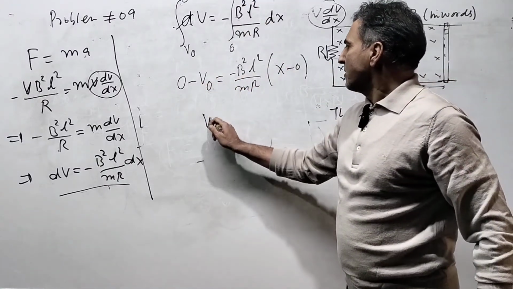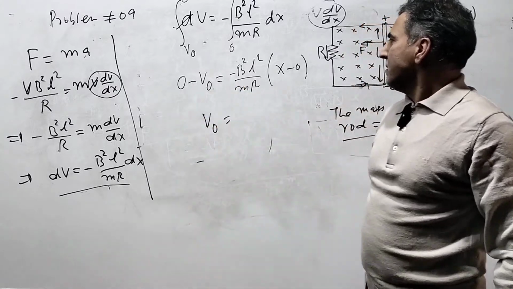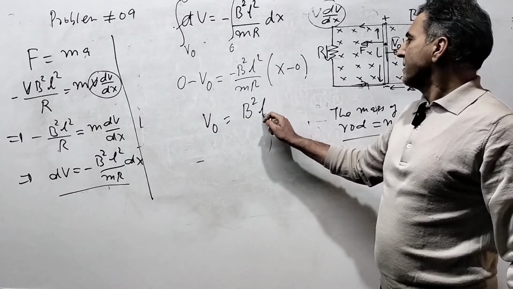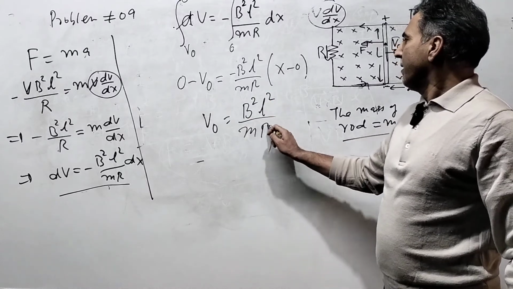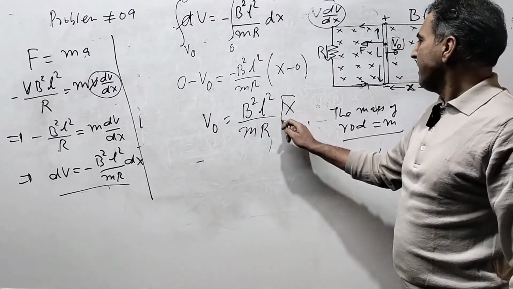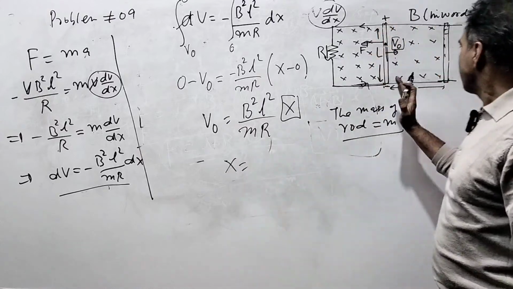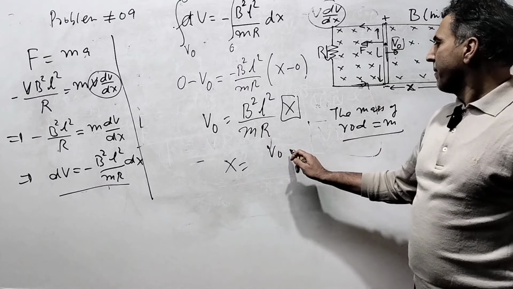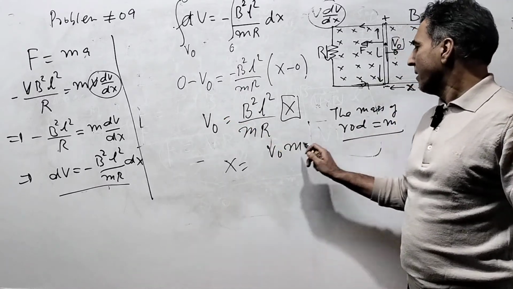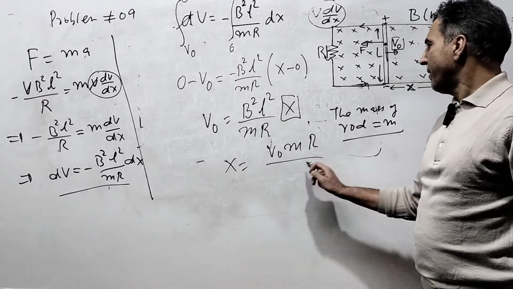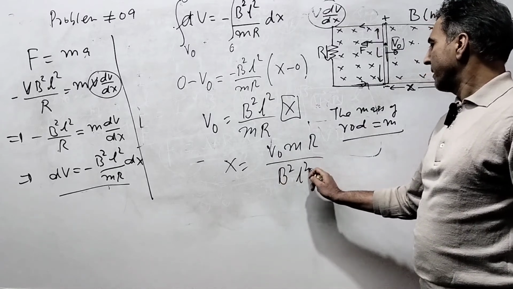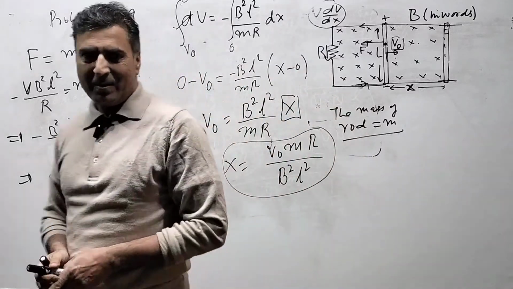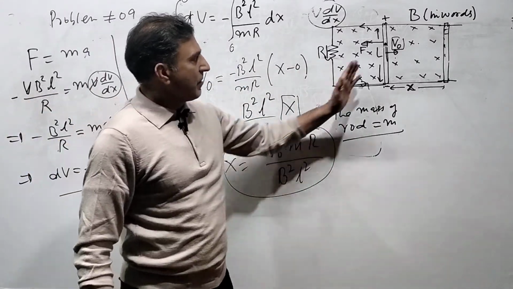Negative and negative cancel, so V0 is equal to B square L square by MR times x. So what is this x? The distance covered before it stops is x equal to V0 M R by B square L square. That is the answer for this problem.